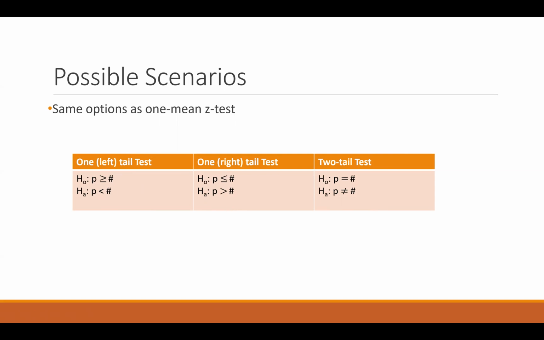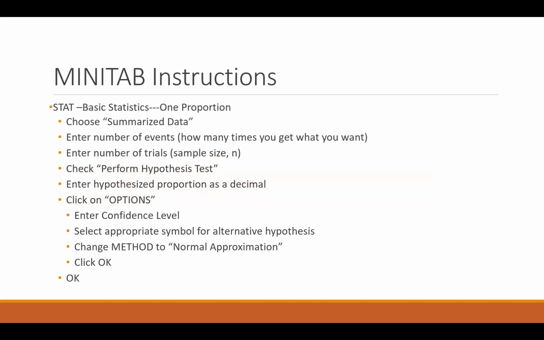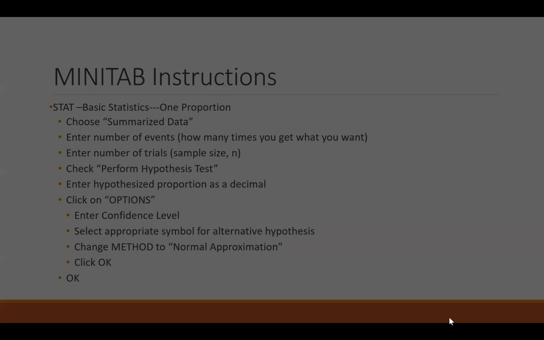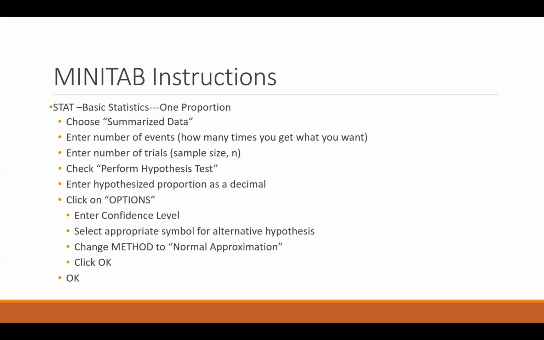Which one you have depends on the phrasing in the problem. The Minitab instructions for the one proportion Z are on slide number 5. And then we're going to get into some examples.